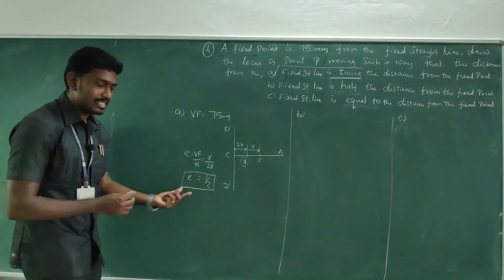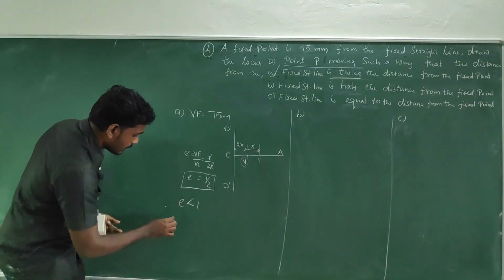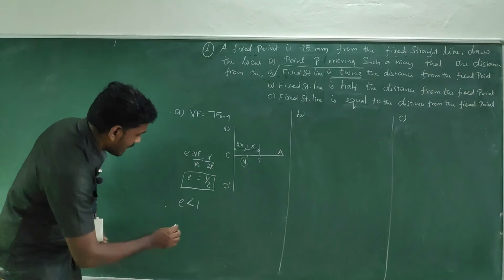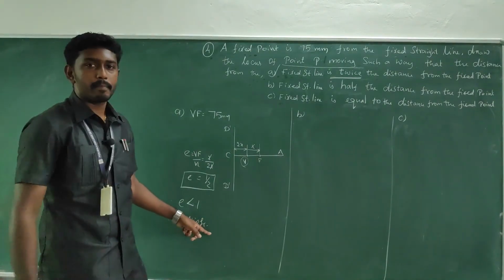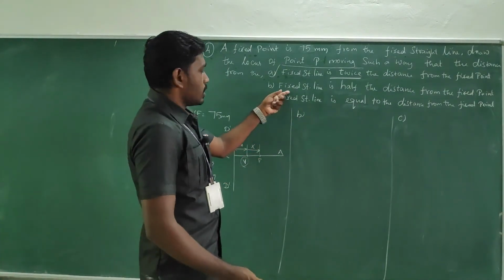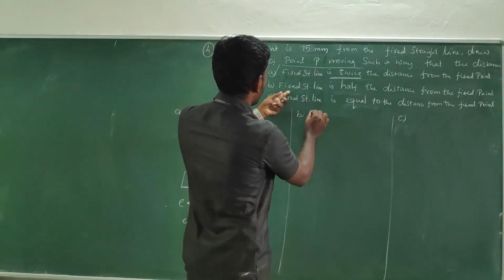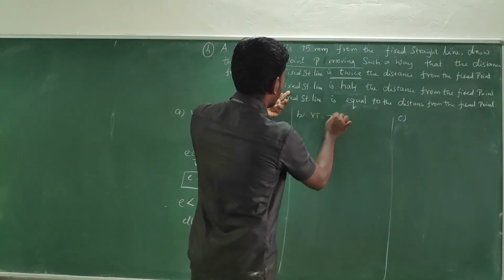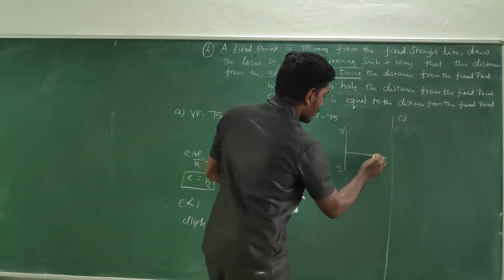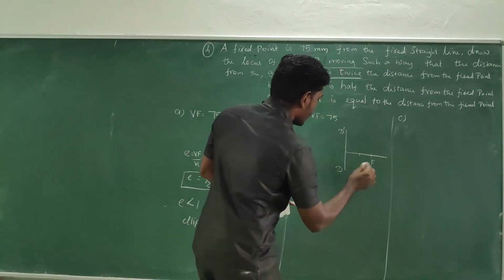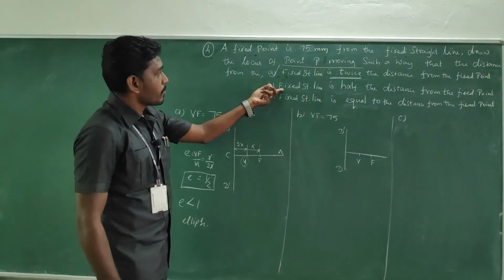It's less than 1. E is less than 1. So we can say the given curve is an ellipse. Right? What about this second condition? The same Vf value 75, and if I take the lines, it will be like this. Read now.